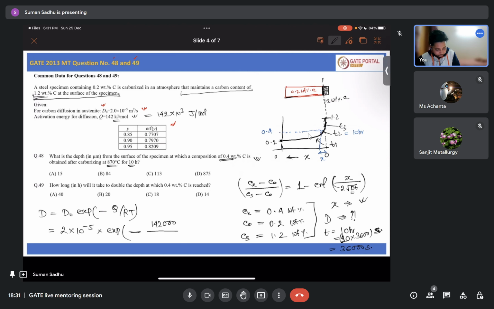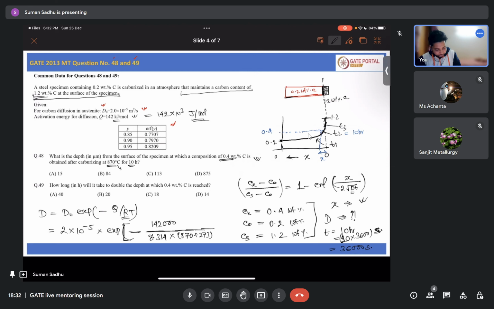So you have to write it in terms of joule per mole, right? So it will be minus 142,000 joule per mole. And then what is the R value? R value is 8.314 joule per mole per Kelvin, right? And temperature is 870 plus 273, since it is given in degree centigrade. So here also you have to convert the unit and make the temperature in Kelvin.